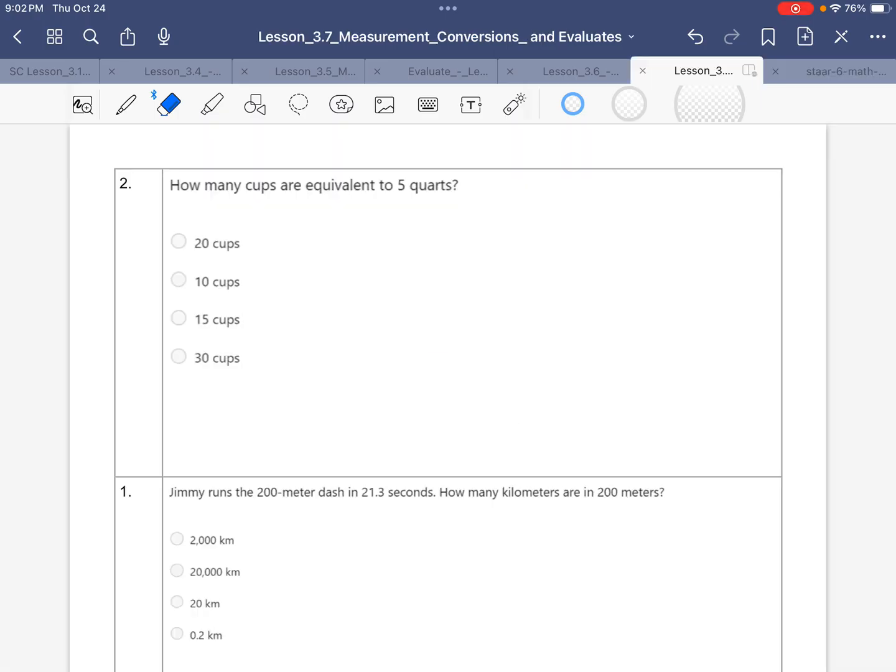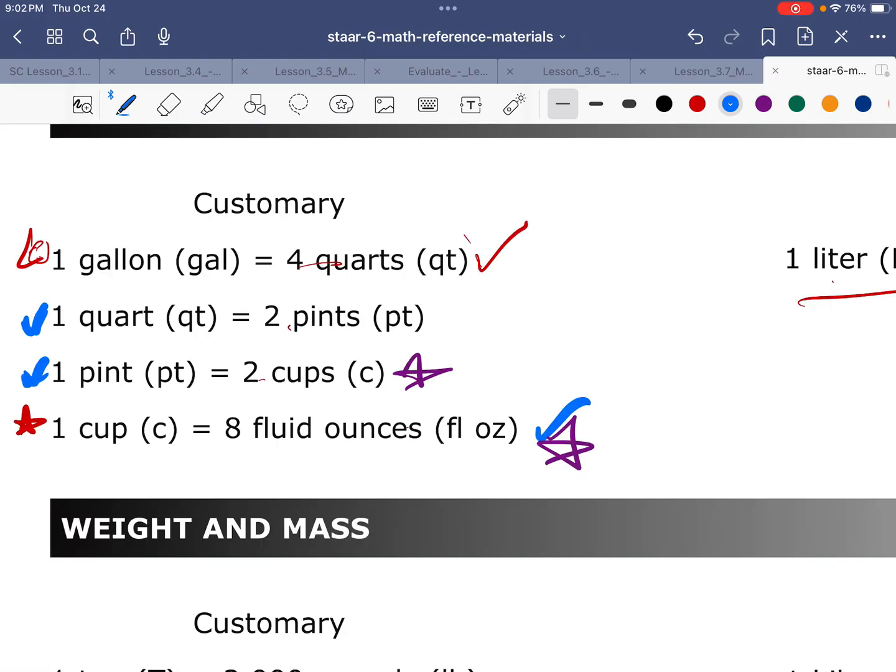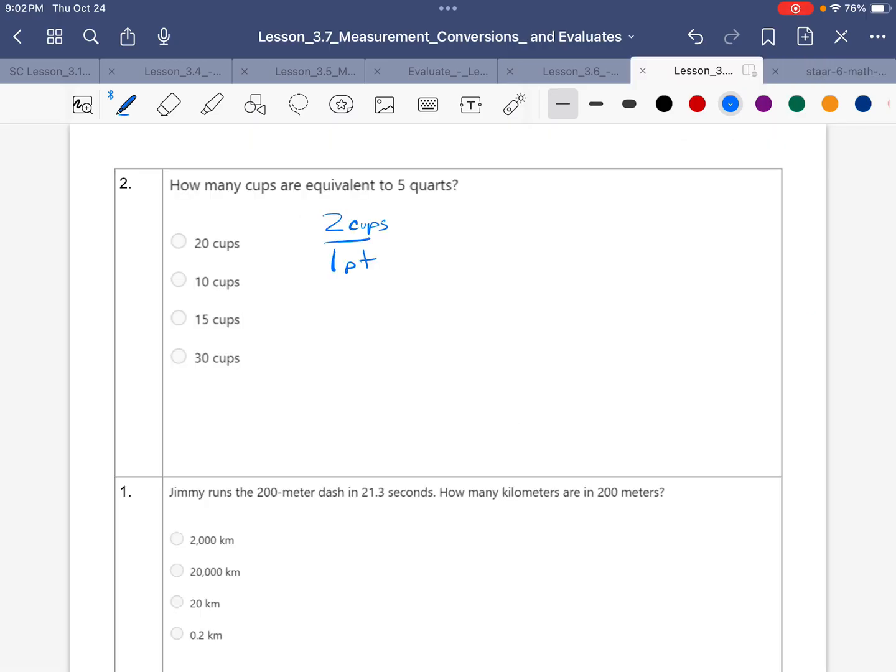Let's write that. 1 pint is 2 cups, while 1 quart is 2 pints. Okay.